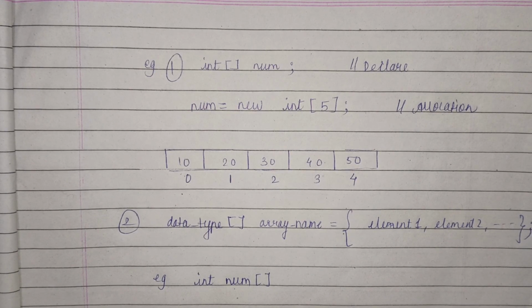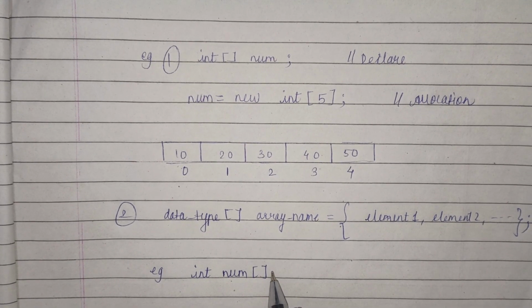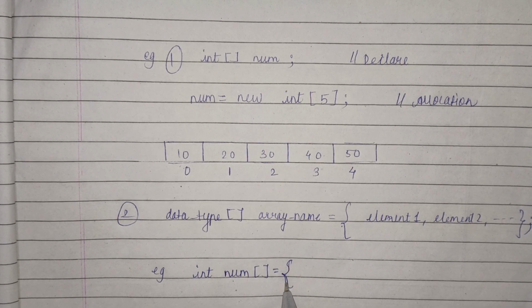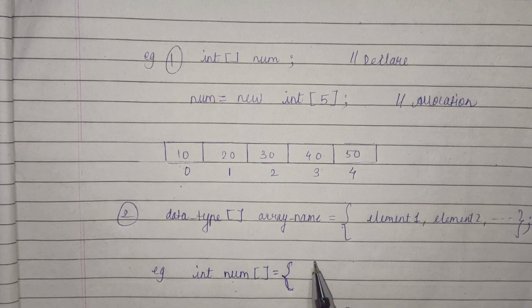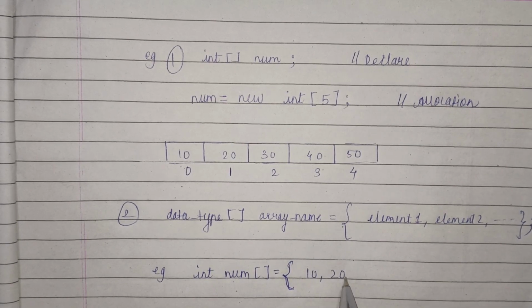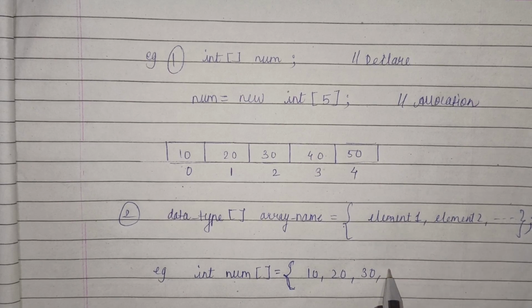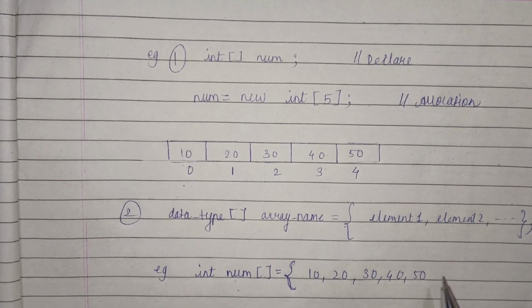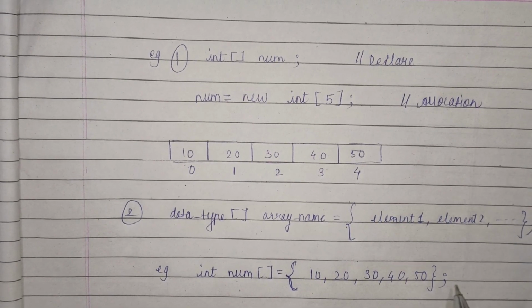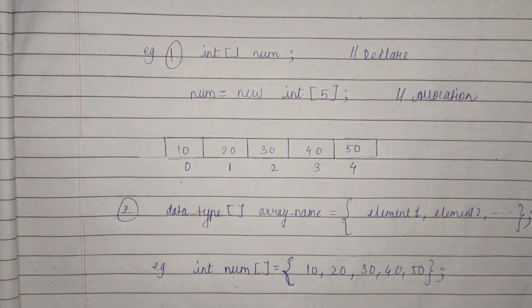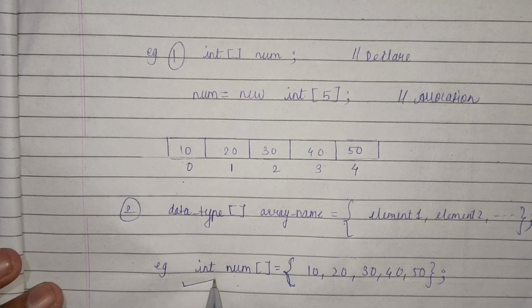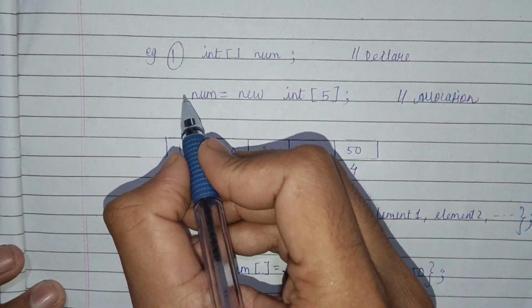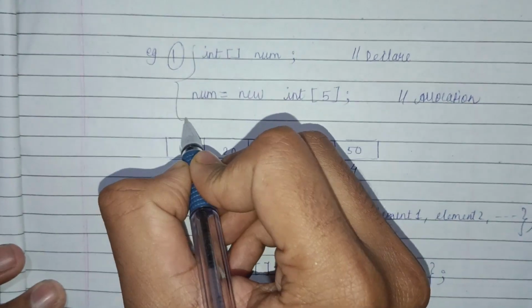This is the initialization for the array, and equal to curly brackets, and here we have to declare the elements directly. So let's take 10, 20, 30, 40, and 50, close the bracket and give the semicolon. So we can create the array in this way also.